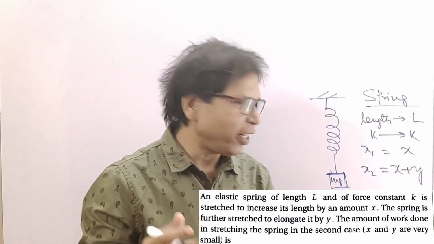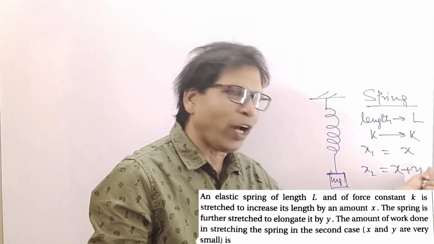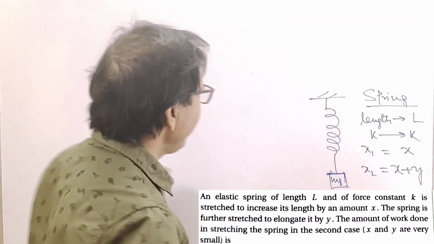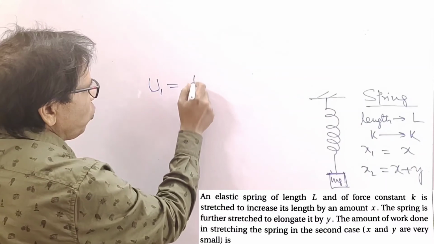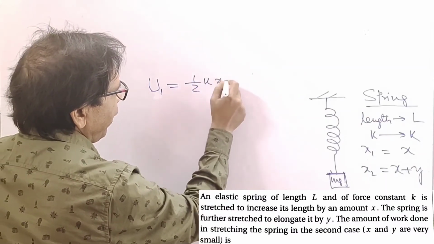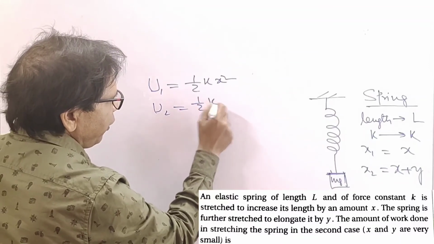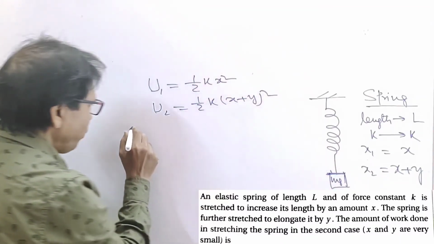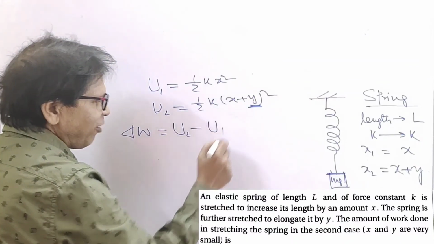We have to calculate the energy stored for the increment of length y from x. Initial energy stored U is half k x square. Final energy stored is half k (x plus y) whole square. Therefore work done is U2 minus U1.